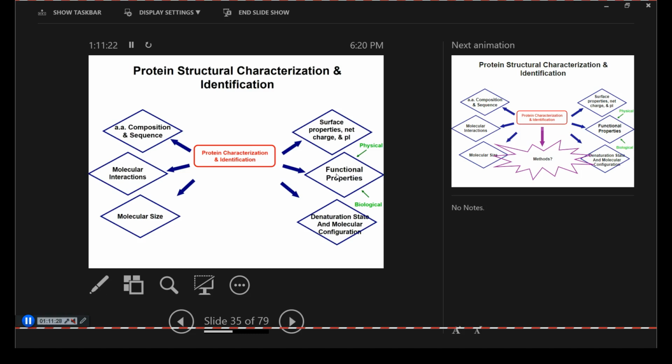Physical properties have to do with structure and matrix, so we can say gelation, emulsification or foaming, for instance. Biological properties can be protein digestibility, essential amino acids, bioactivity of the protein. Okay.